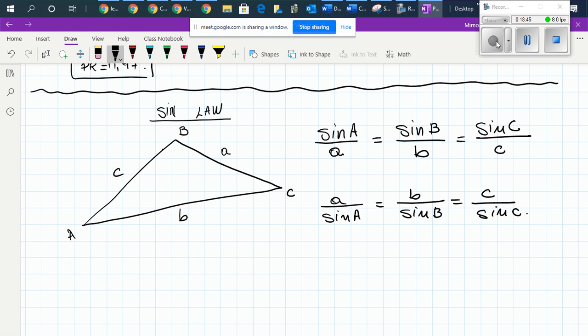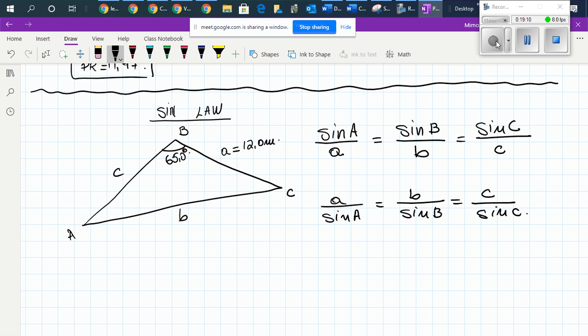Now, let's suppose that on this triangle, we have an angle given as 65 degrees, and a side A as 12 meters.